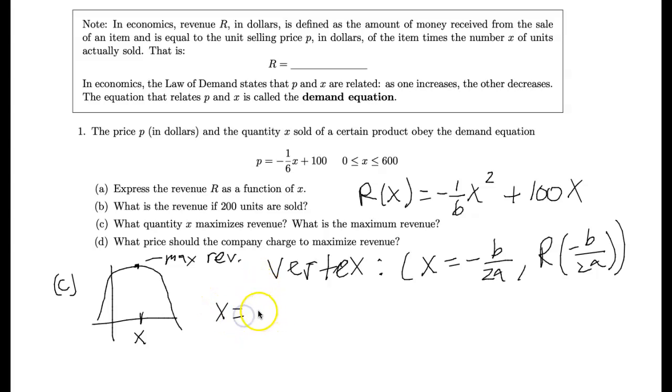X equals -b over 2a, which is going to be negative, and then b is 100, over 2 times -1/6.